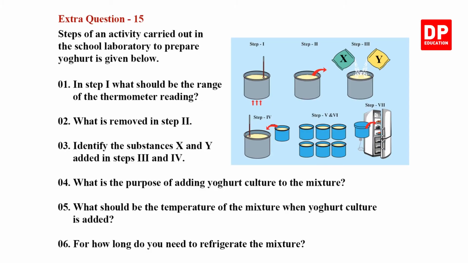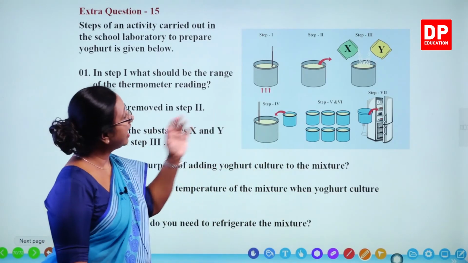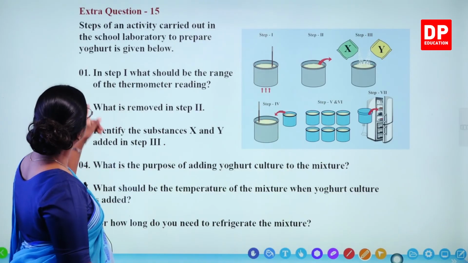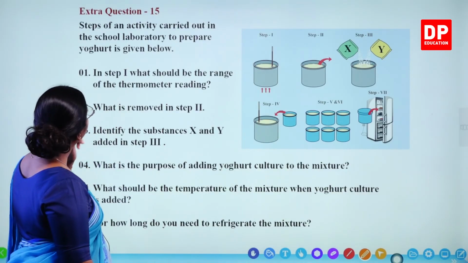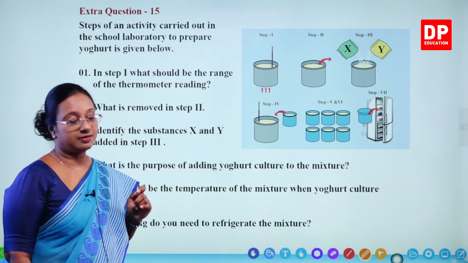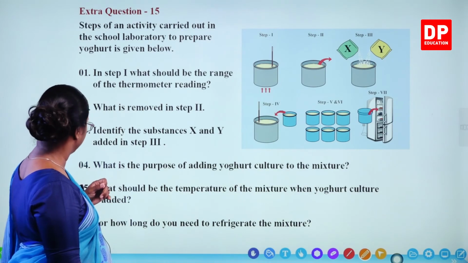Extra question 50. Steps of an activity carried out in the school laboratory to prepare yogurt is given below. So you can see the picture here and you know the different steps involved in that process. First one. In step 1, what should be the range of the thermometer? Second, what is removed in step 2?